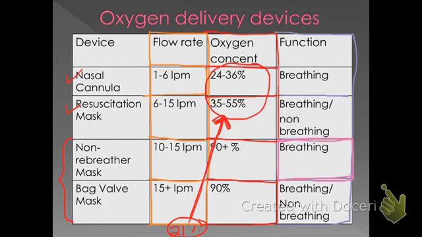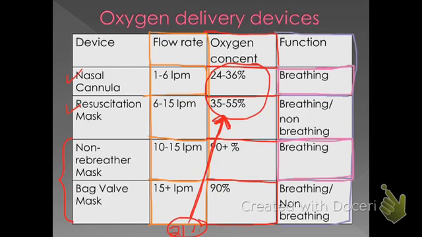And then the nasal cannula, obviously, because that's going to go into the nasal cavity, requires our patient to have the ability to inhale in order to deliver oxygen to our patient. So again, not only do we have to worry about oxygen concentration percent, but we also have to worry about whether or not the device can be used on a conscious and an unconscious patient.